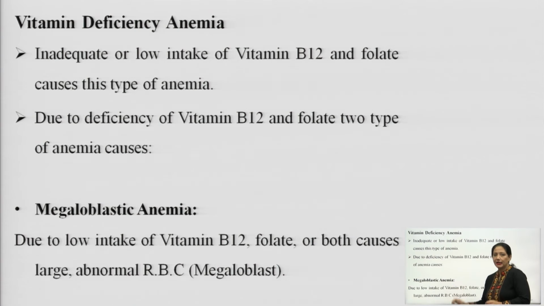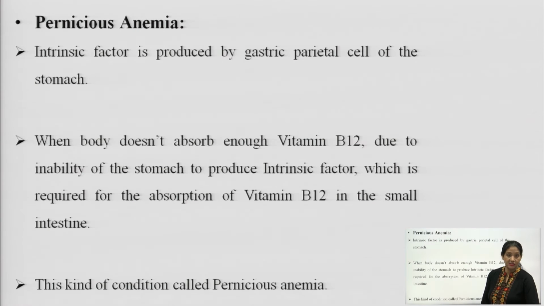And the second type of anemia which is related to the deficiency of vitamin B12 is pernicious anemia, in which there is a proper intake of vitamin B12, but there is an element in our gastric parietal cells called intrinsic factor. This factor is required for the proper absorption of vitamin B12 from the stomach.